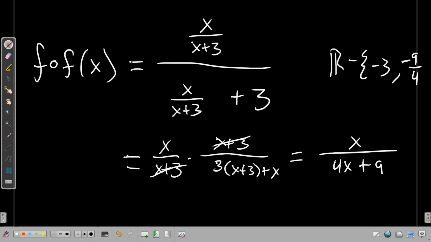It can't be -9/4. That's plain to see down here. I'm wondering if I could have seen it back up here. So, I see it. If I put my -9/4 there, you'd have -9/4 plus 3.